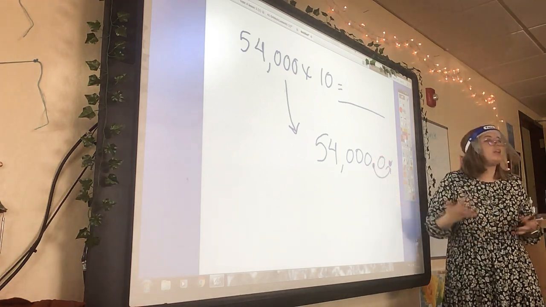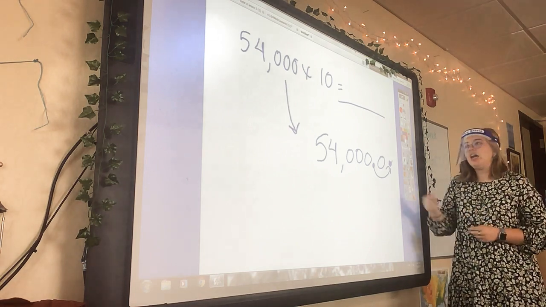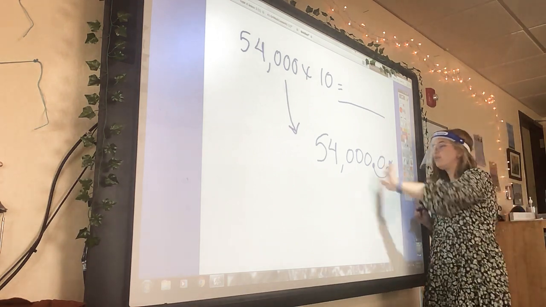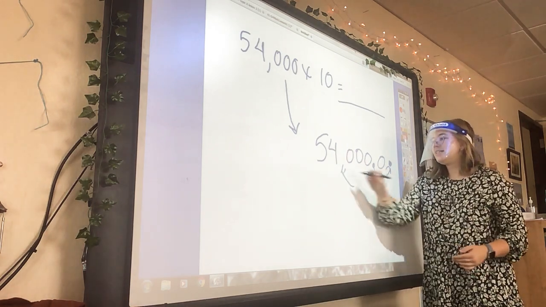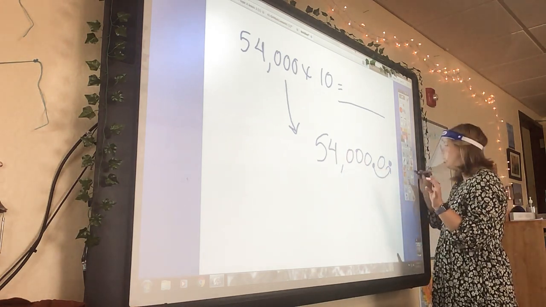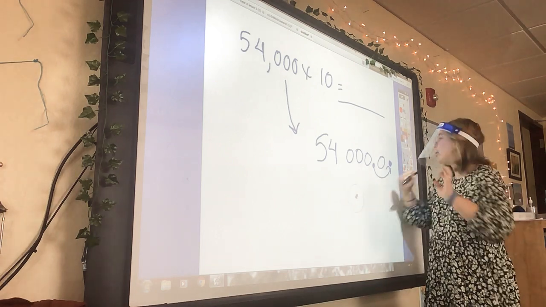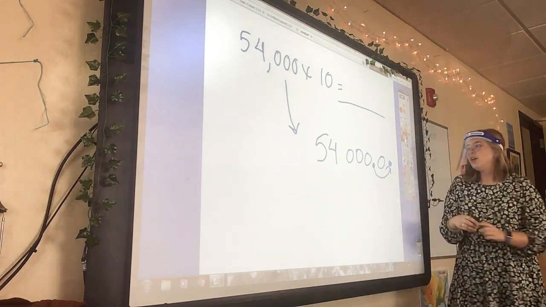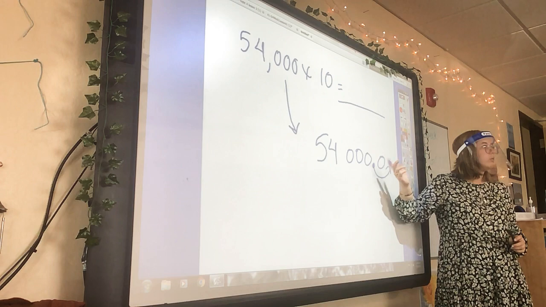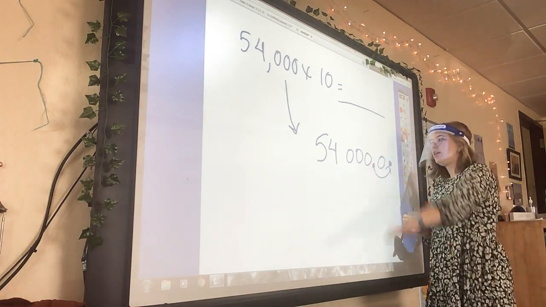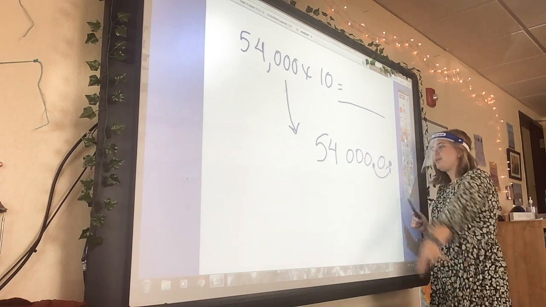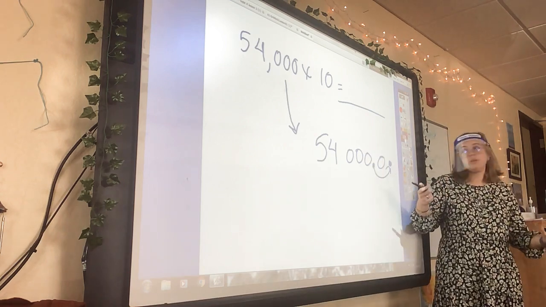So we're playing more of an opposites game today. When I moved it to the left, the decimal moved to the right. Did the decimal actually move? No. The number moved away from the decimal, which means that another 0 was now in the ones place. Everything shifted up.